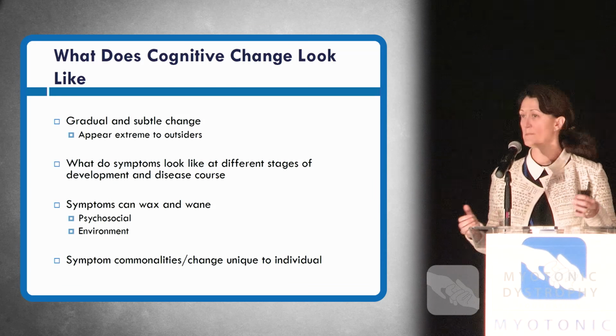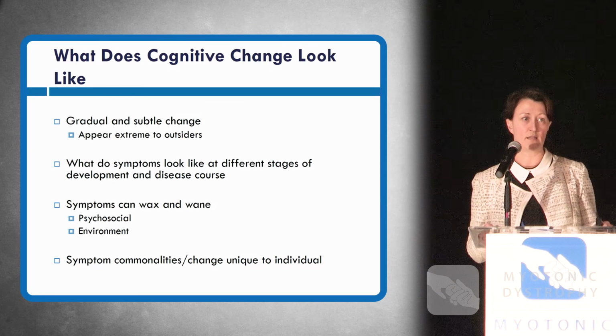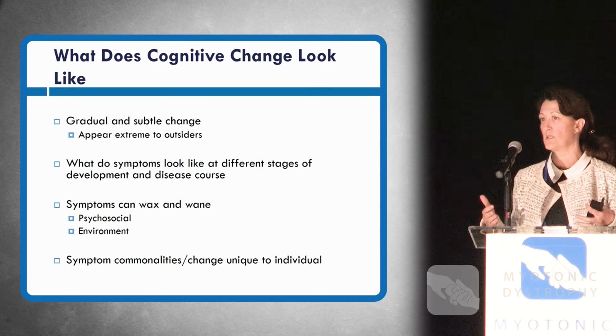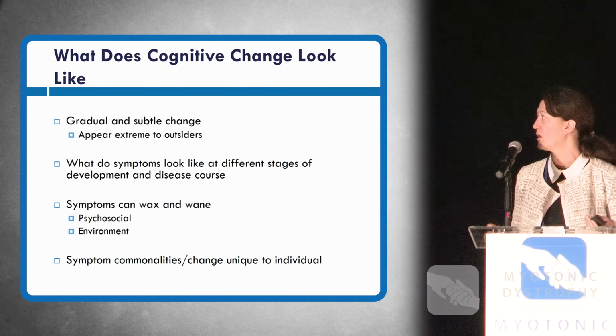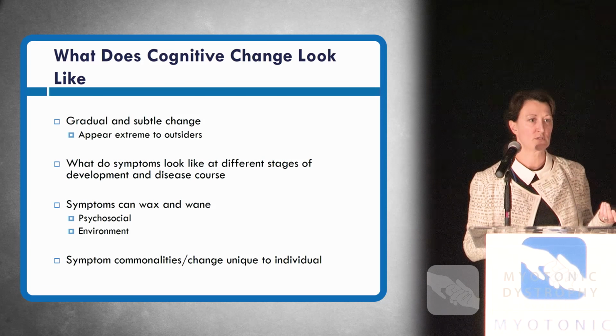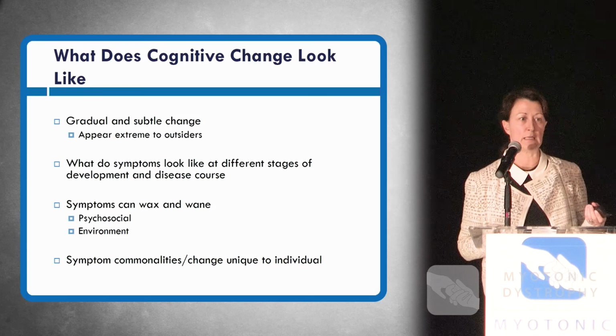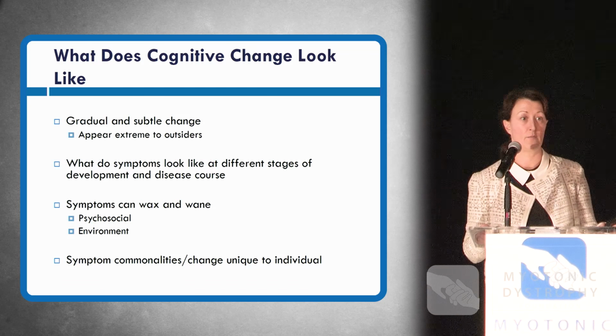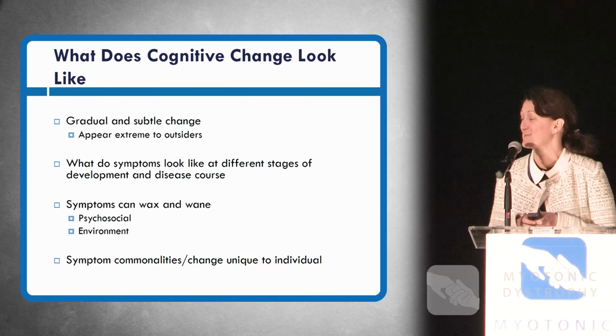And again, those symptoms can wax and wane, and that can be both psychosocial components and environmental components to that. So cognitive symptoms can also be similar within DM, and they can also be individual because we're all unique individuals.